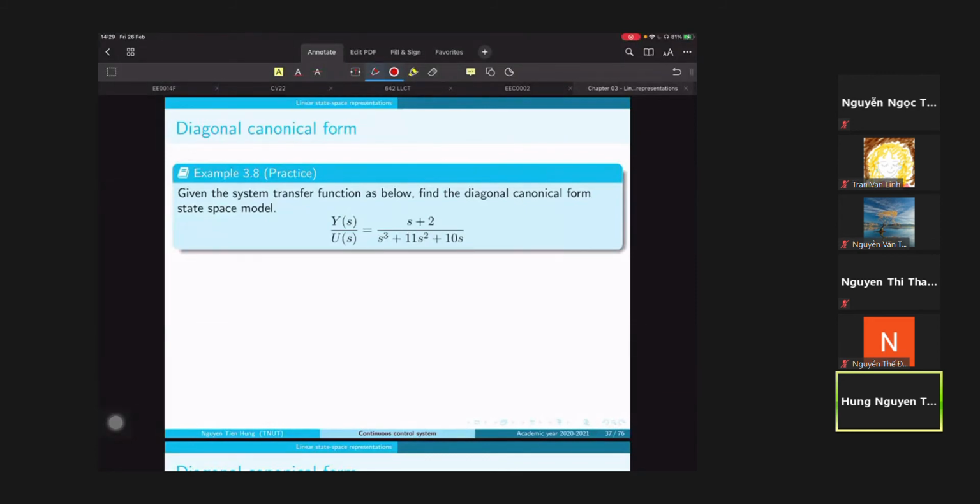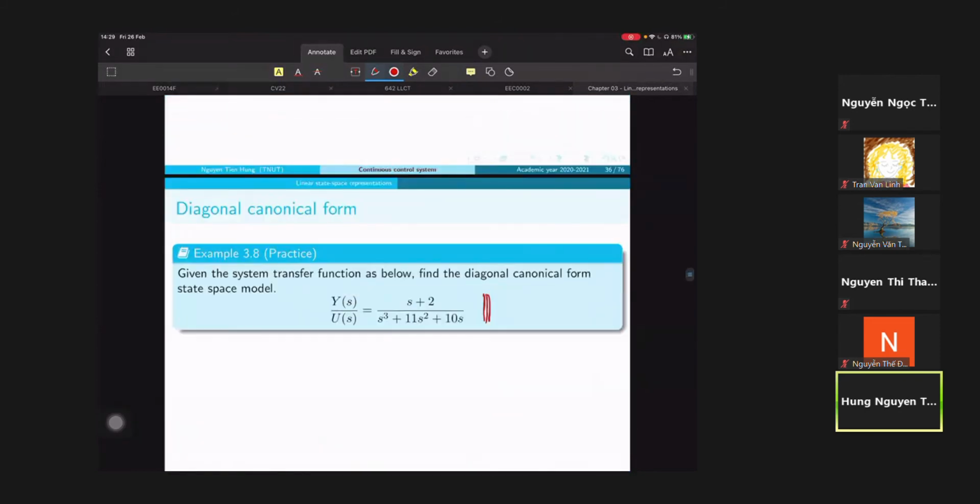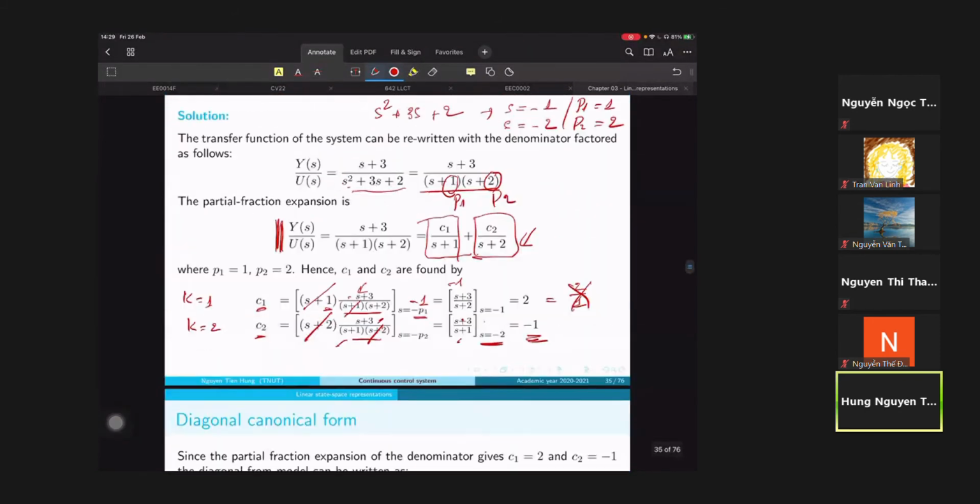Now you are given the system function like this. Find the diagonal canonical form state space model. Now, do it yourself, please. Follow my example here.